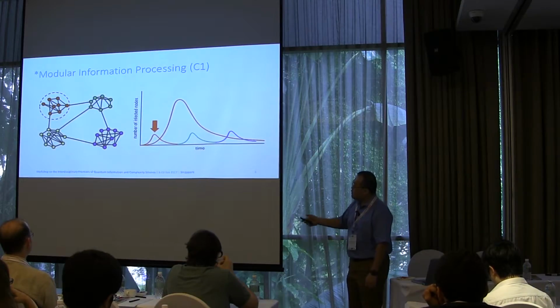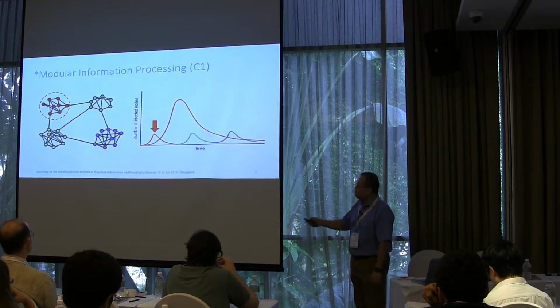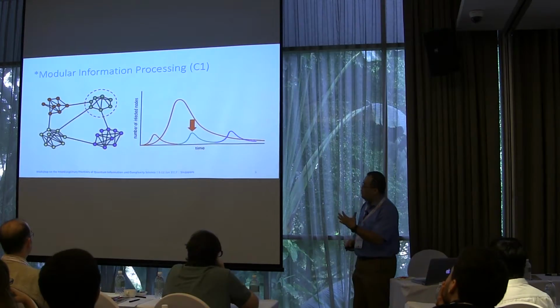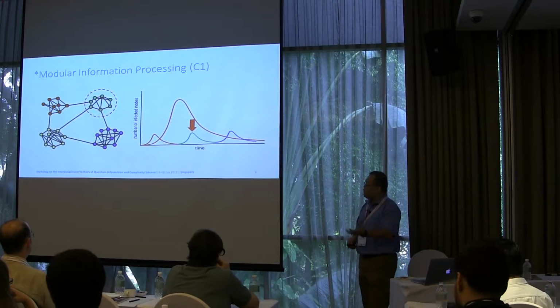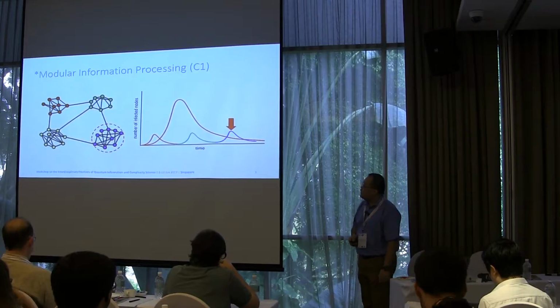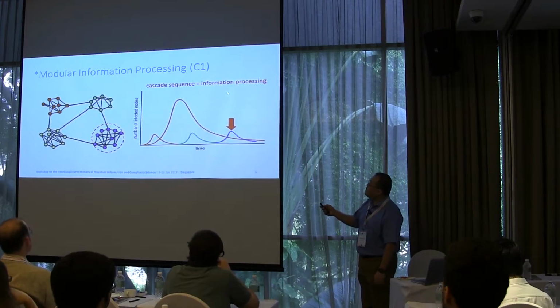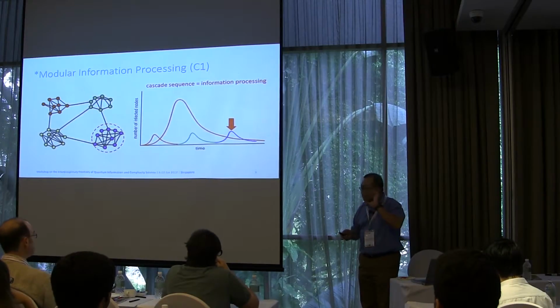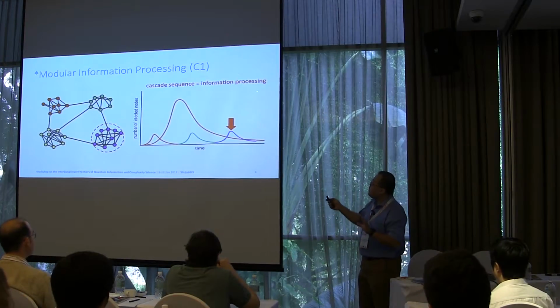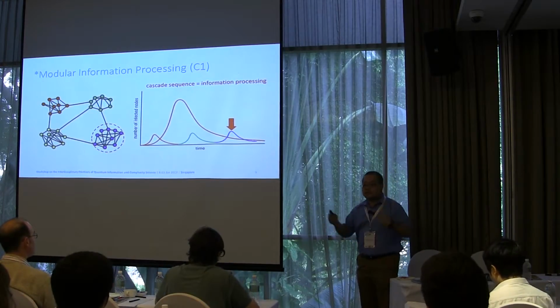So if the red module gets infected first, then, of course, because the green module is connected to the red module, the green module gets infected. And then after that, the blue module gets infected. And this cascade sequence, I would like to claim, is actually an information processing cycle.